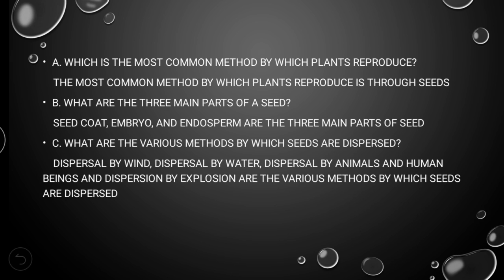What is the main reproductive part of the plant? Seeds. The most common method by which plants reproduce is through seeds. What are the 3 main parts of a seed?